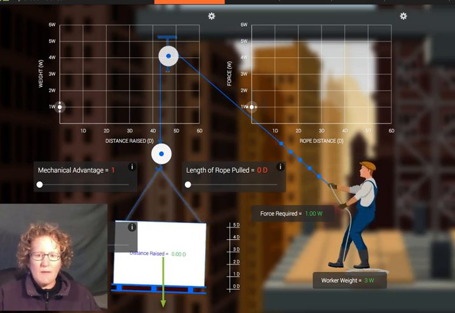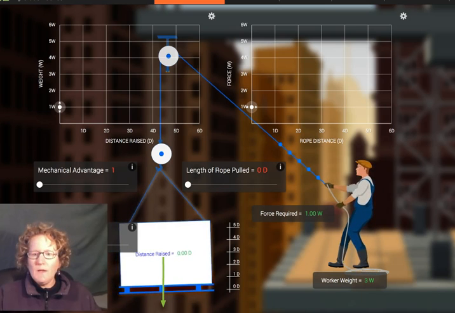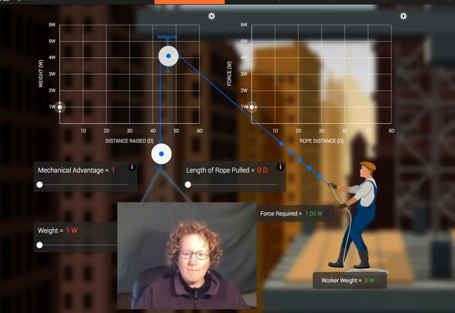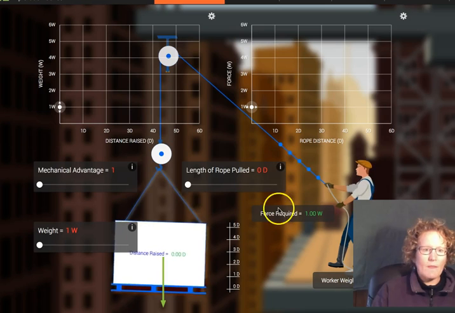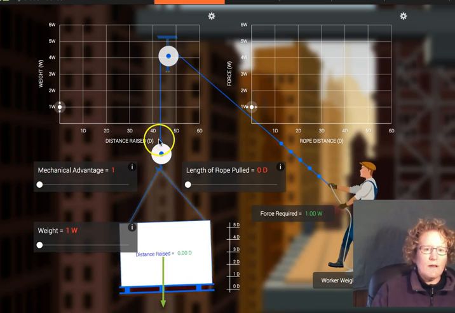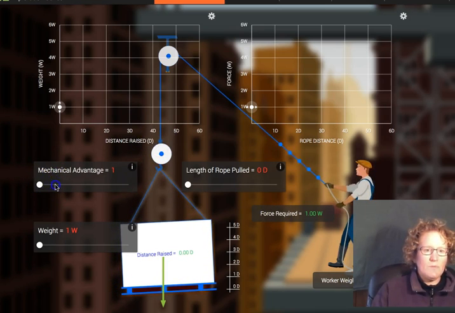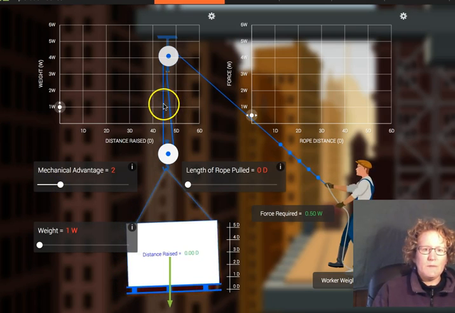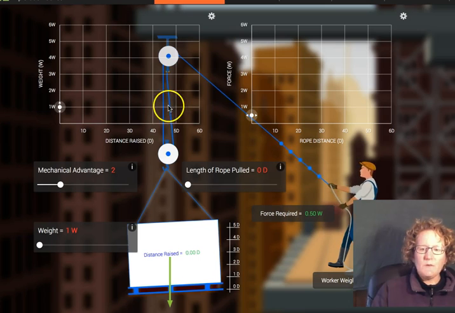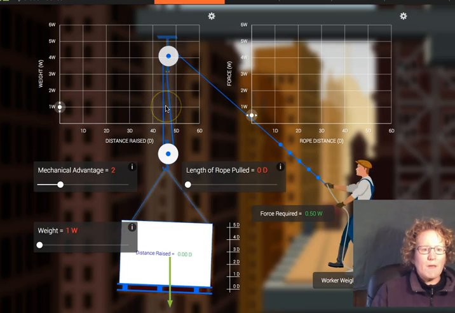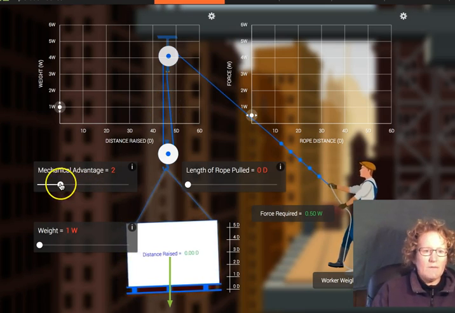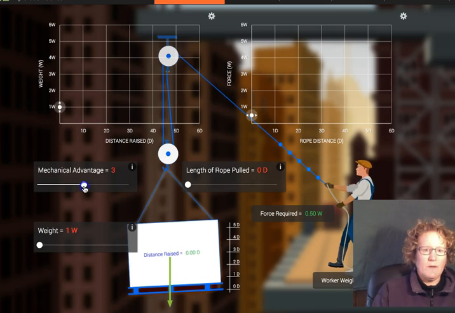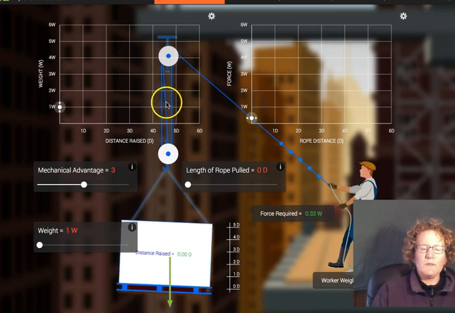So let's see what happens if we just mess around with some of these sliders. We can set our mechanical advantage to be more than 1 here. We can set it to be 2, and watch what happens to those ropes when we change the mechanical advantage. I'll change it up to 3, and watch those ropes change again.